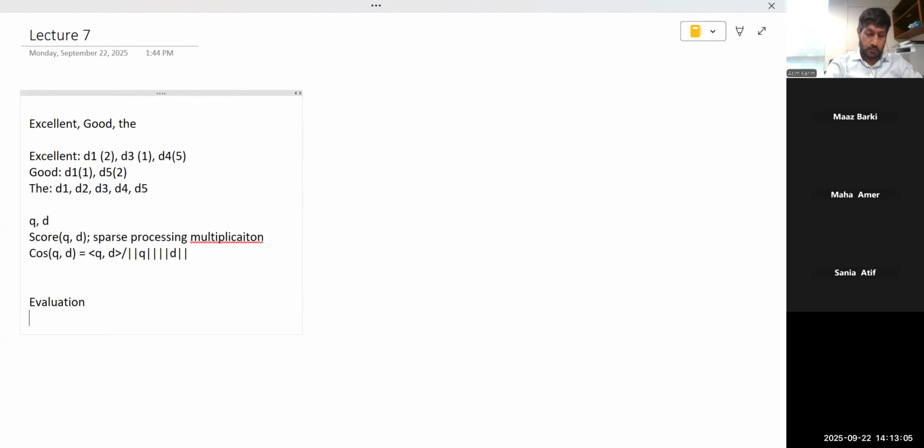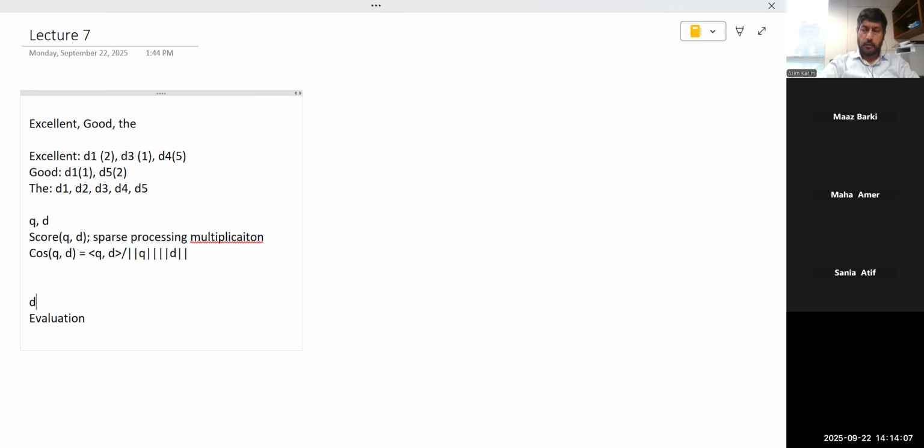What was your question? Which vector? Q and D are two vectors, which vector are you talking about? All right. Okay. So Q represents the query vector, and D is the document, it represents a document. Q represents a query.